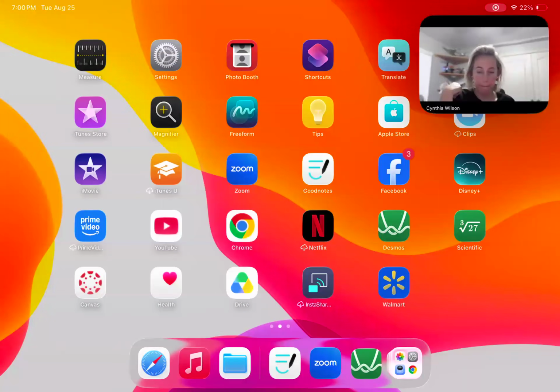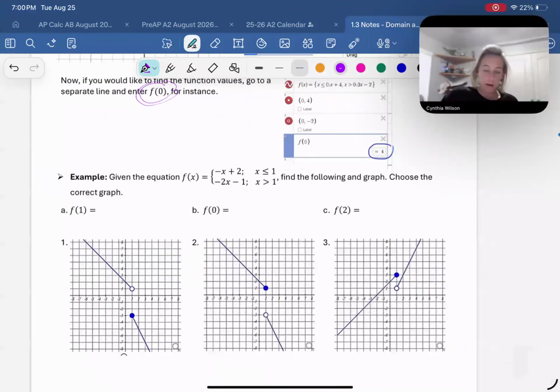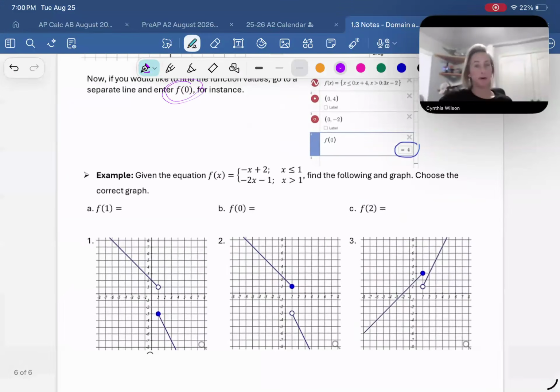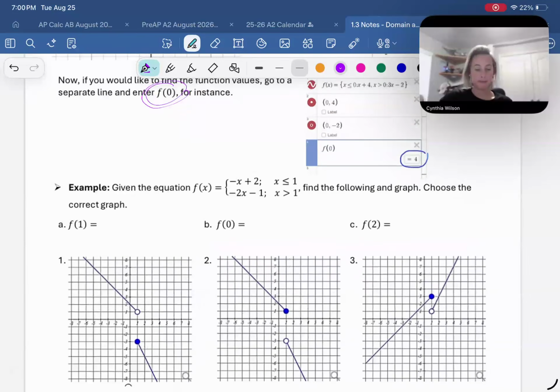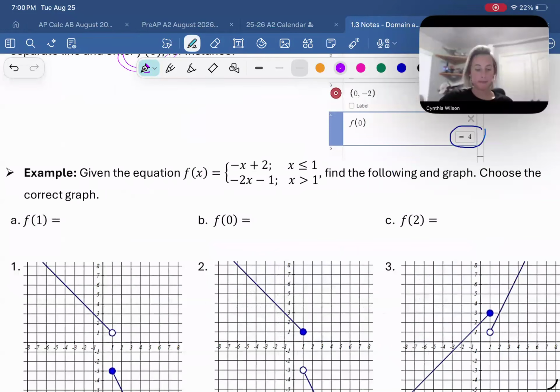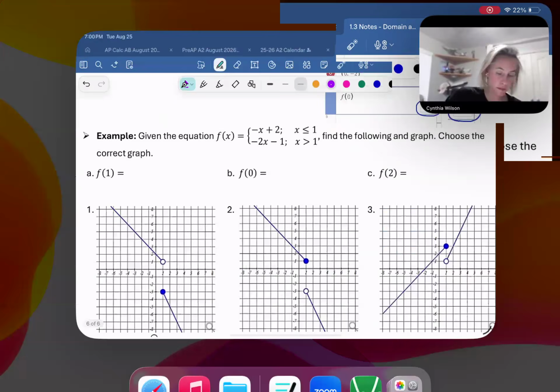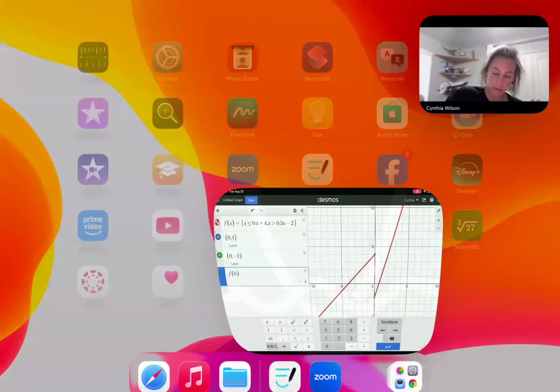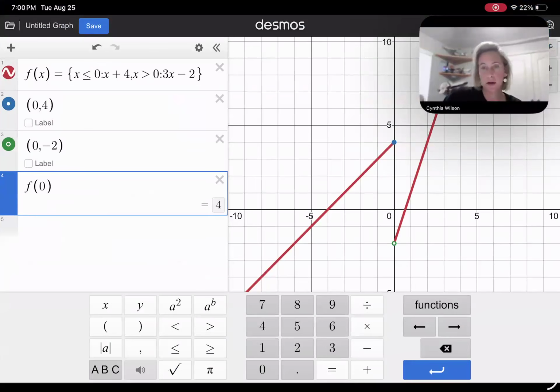Okay. Now we're going to try our own. Okay. So, sorry, just because I don't want to keep flipping back and forth, I'm going to go ahead and clear these.